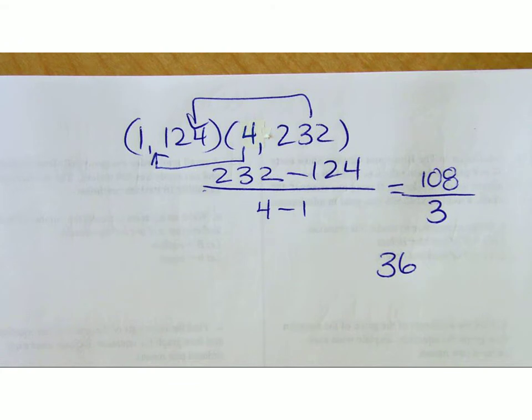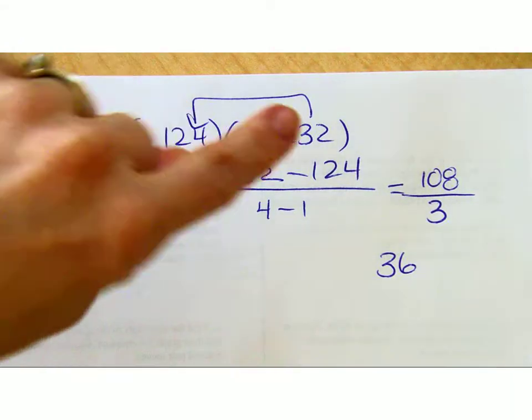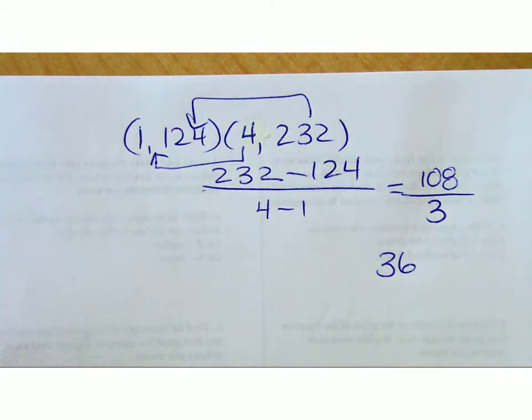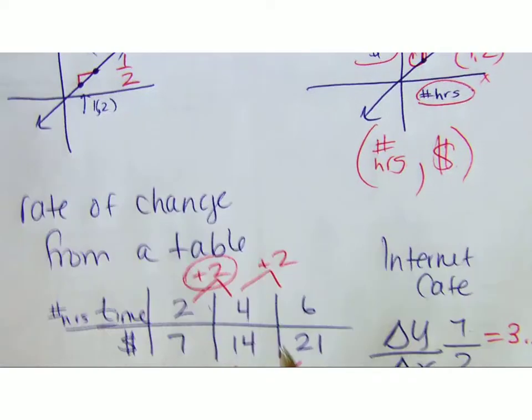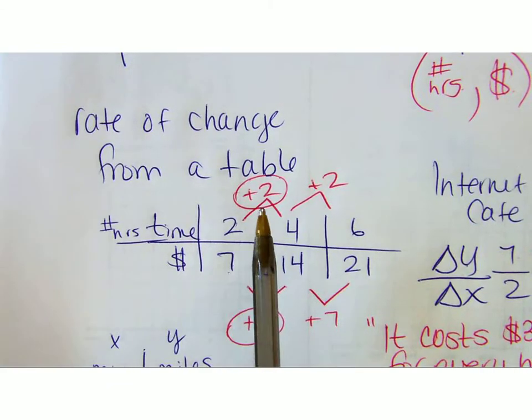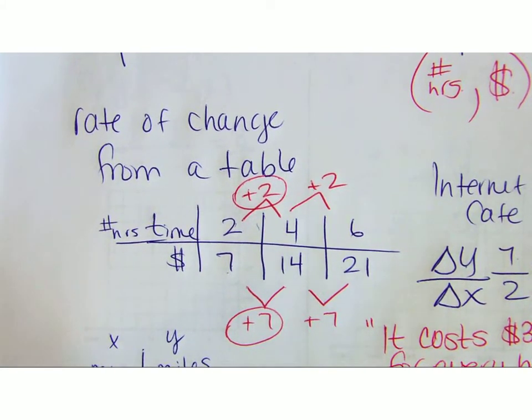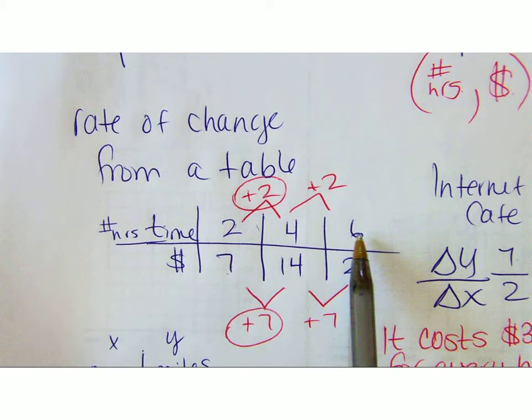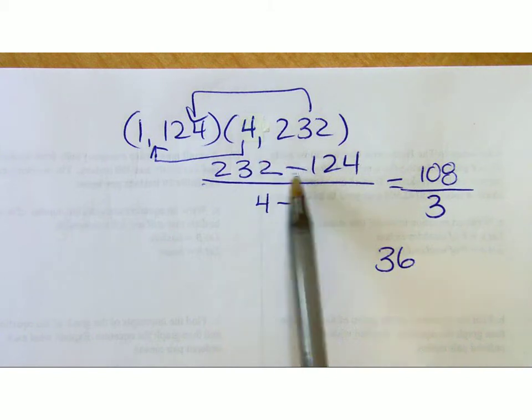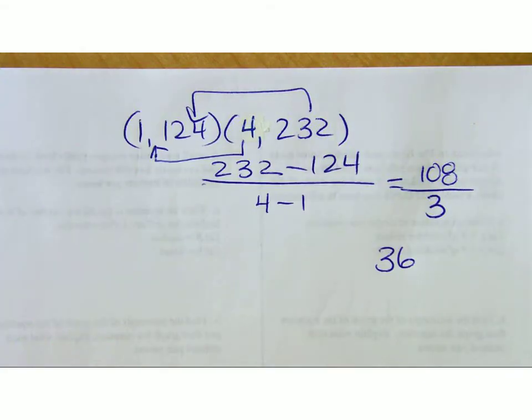Got it? If that is annoying to you, I want to point something out. How many of you kind of liked doing it this way from a table? I kind of like that too. I think this is a little easier than this whole crazy formula. So watch.